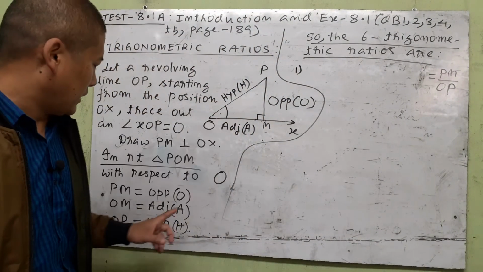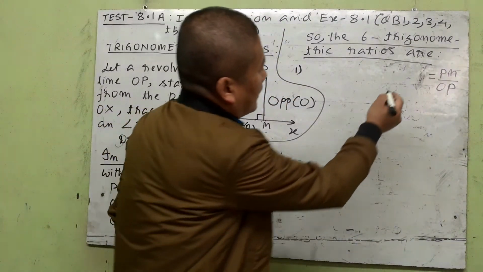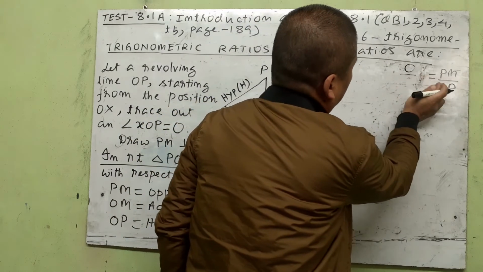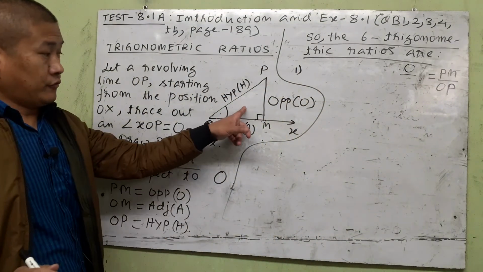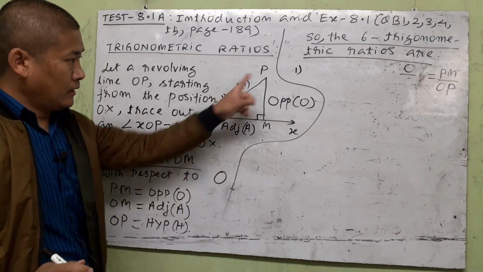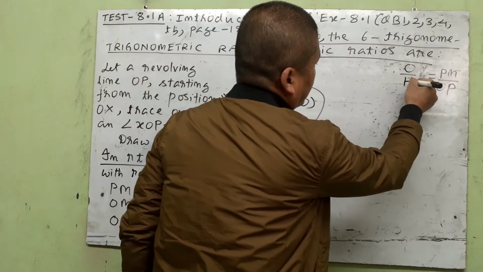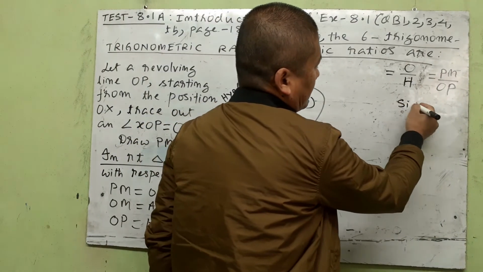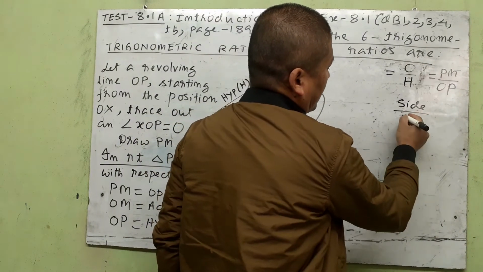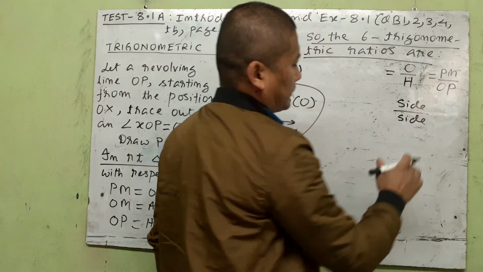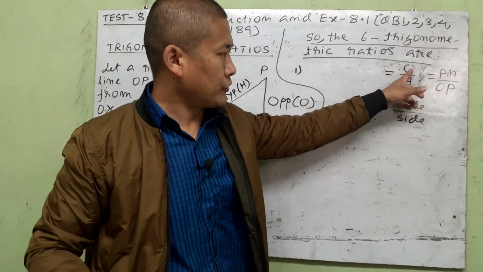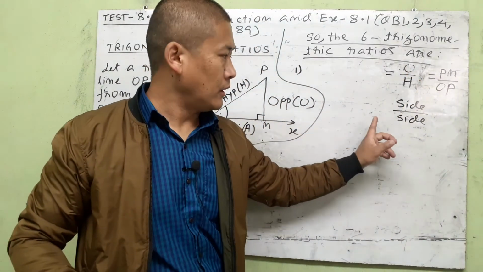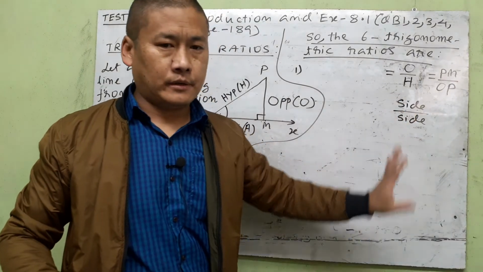So PM is nothing but the opposite here. So we have divided the opposite side of this right triangle by OP, meaning the hypotenuse side. So what is this? Opposite side by hypotenuse side. So you're dividing one side of a triangle by another side of the same triangle. So it is side divided by side.